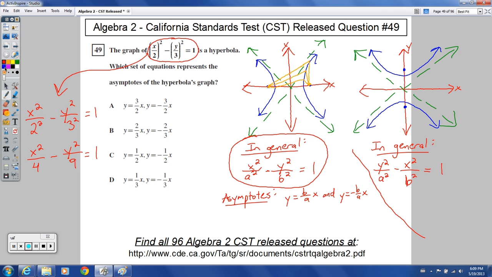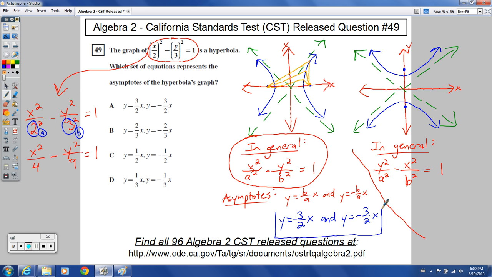So let's take a look over here. What are my b and a values? My a squared is 2 squared, so this is my a value right here, and my b squared is 3 squared. I'm just plugging those values in now. I've got y equals b over a, which is 3 over 2 times x, and I also have y equals negative b over a, which is negative 3 over 2 times x.